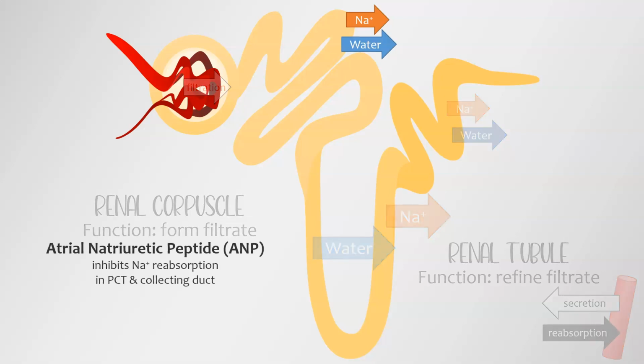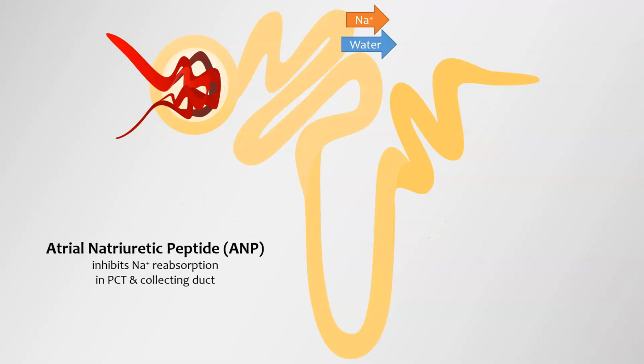Hormones like atrial natriuretic peptide act upon sodium reabsorption. ANP inhibits sodium reabsorption, so less sodium returns to the blood and more stays in the filtrate. This in turn decreases obligatory water reabsorption. The result is that more fluid remains in the filtrate, leading to larger urine production.